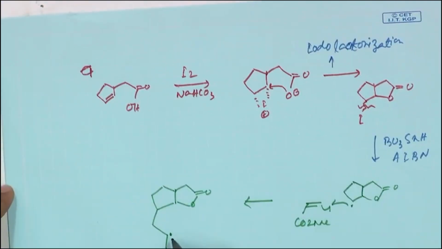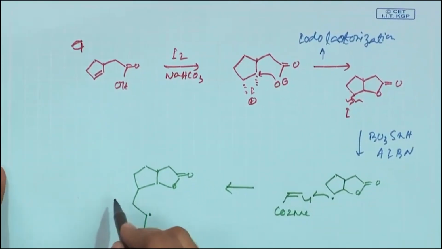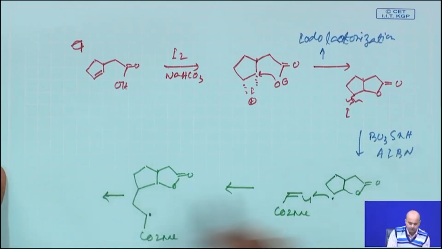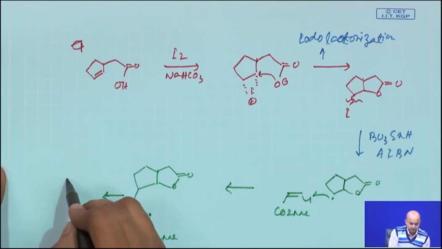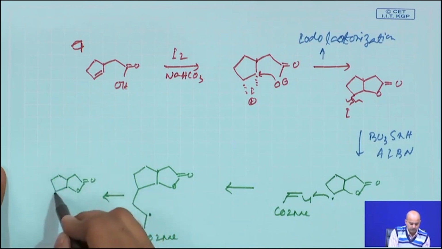Now, this radical is definitely stabilized by the captodative effect of this CO2Me group. Now, you have solvent or Bu3SnH, which can abstract the hydrogen, and then you basically get the final product. The final product structure was given to you, CH2, CO2Me.